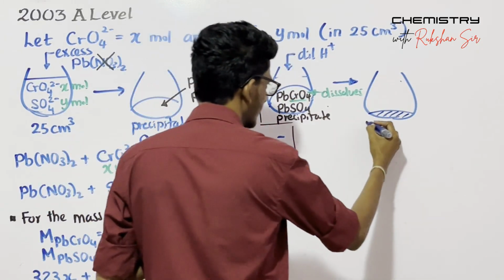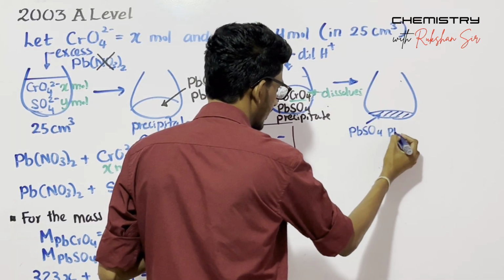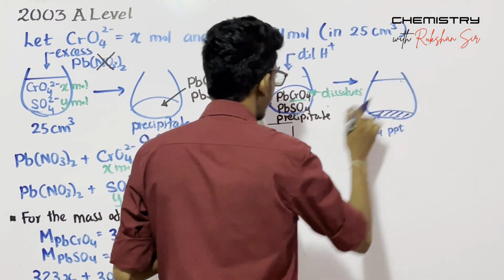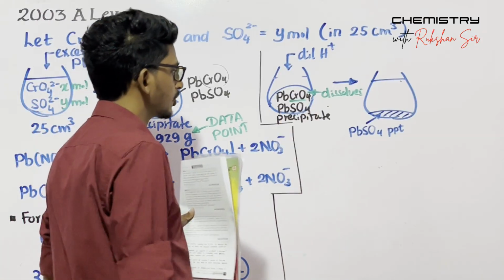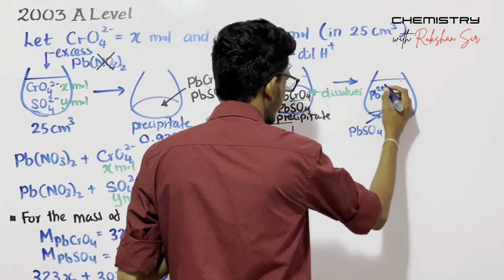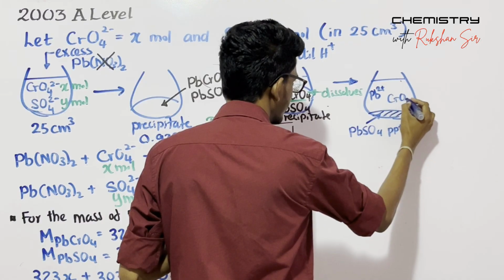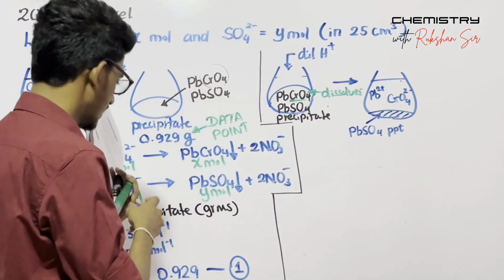This is lead sulfate. Precipitate will remain while the chromate ions will come to the solution. The Pb2+ ions and chromate ions will come to the solution, right?